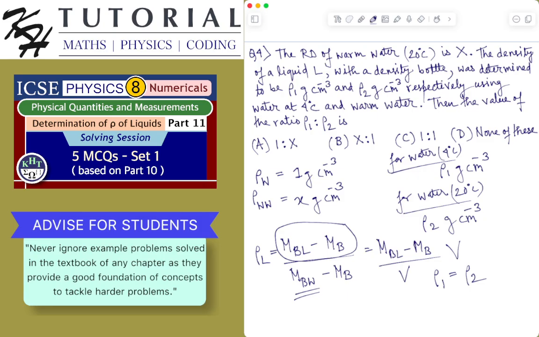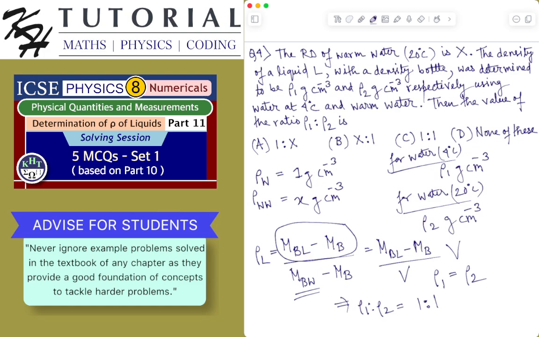The ratio rho 1 is to rho 2 should be equal to 1 is to 1. So basically this is a little conceptual problem to confuse students, bringing in the factor of warm water having a density which is different from water at 4 degrees centigrade.